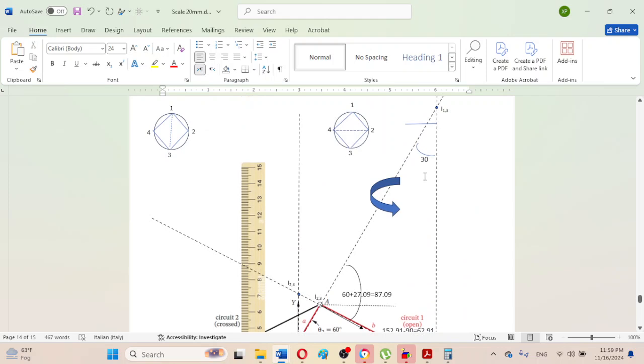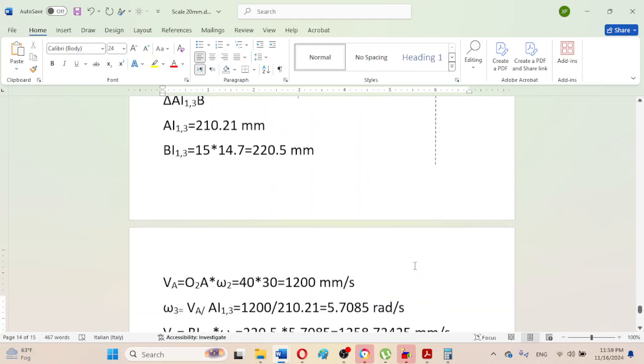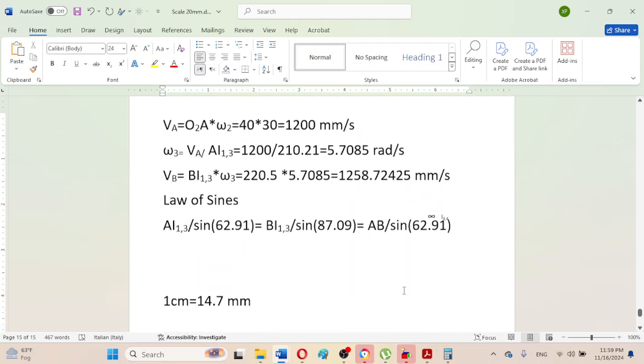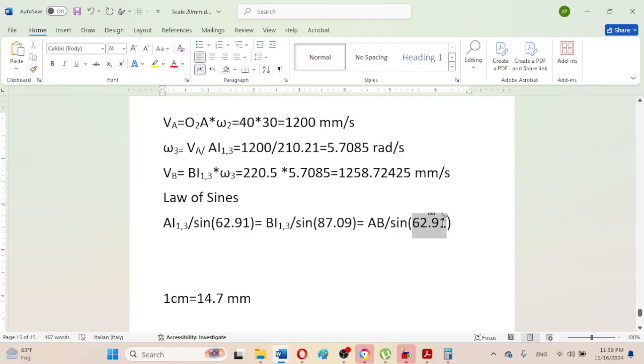The angle in front of it is 30 degrees, so just change it to 30.